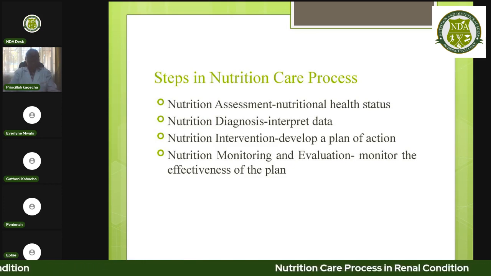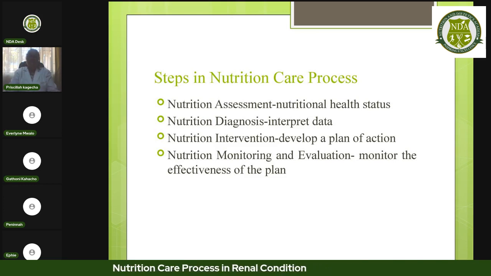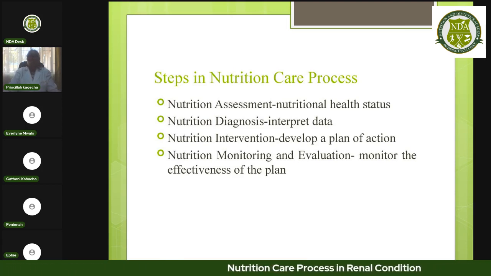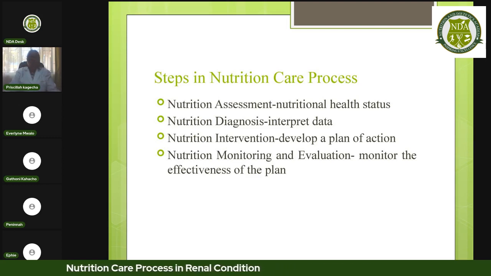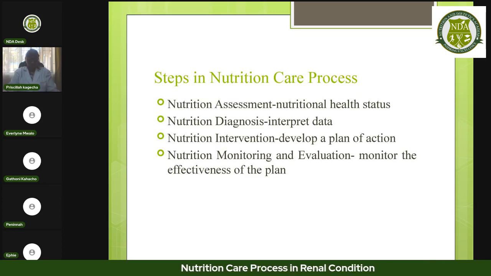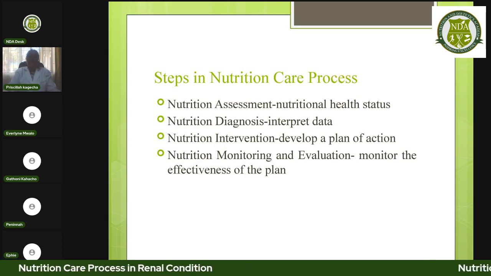It is a very systematic process where you obtain, verify, and interpret the data accurately so that you describe the nutritional problem, and at the end of the day, you facilitate the formulation of a nutrition diagnosis, which is the next step after assessment of the care process.